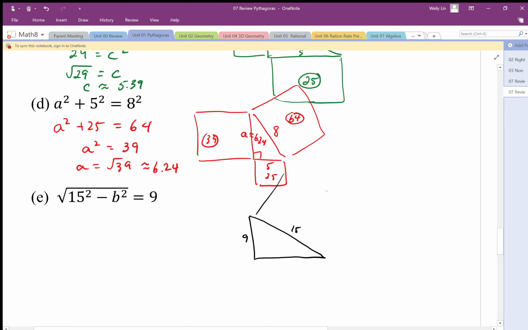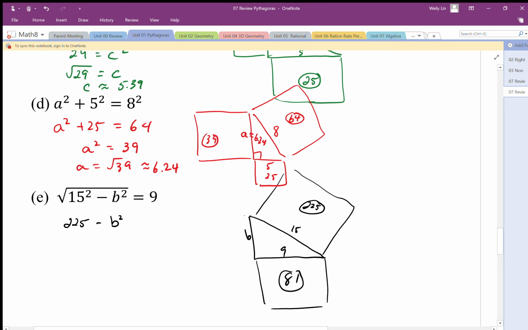My 15 squared, 225, represents an area. B squared is the unknown area here. Maybe I'll make this one 9 squared, 81. So B squared is here, and the square root of that area is equal to 9.